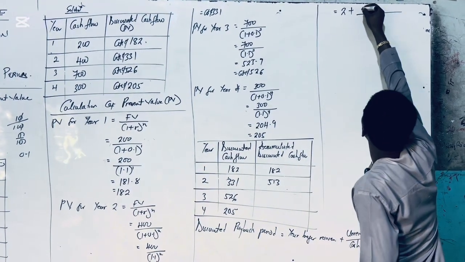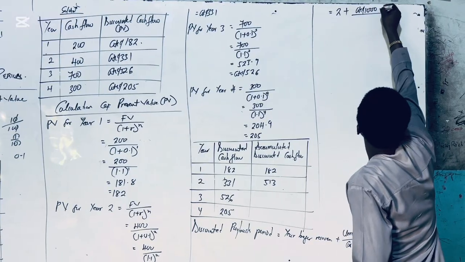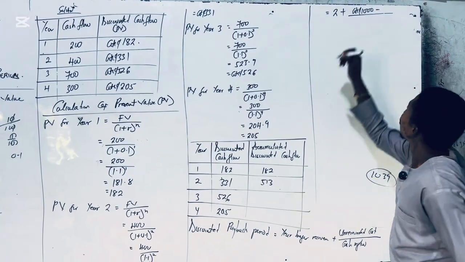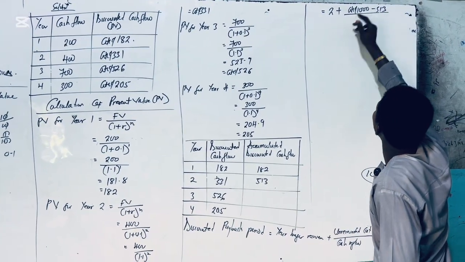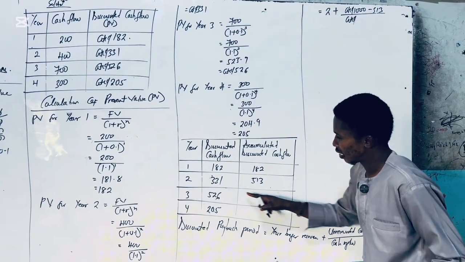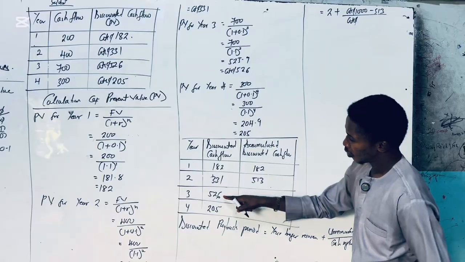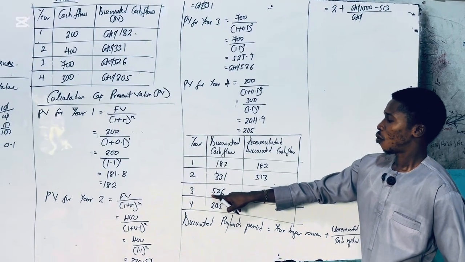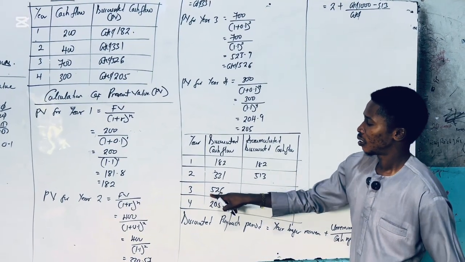We want to recover 1,000 Ghana cedis, but we've been able to recover 513. Then we divide by this year. The remaining should be recovered from this 526.